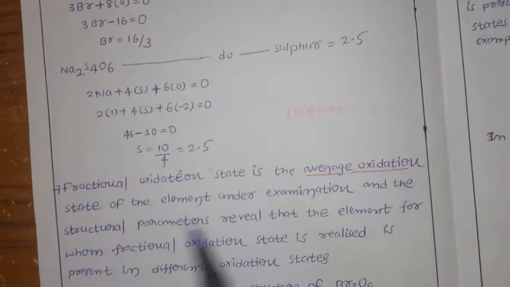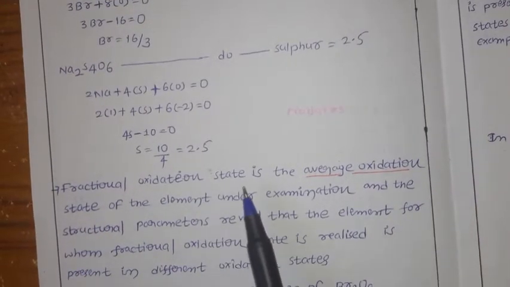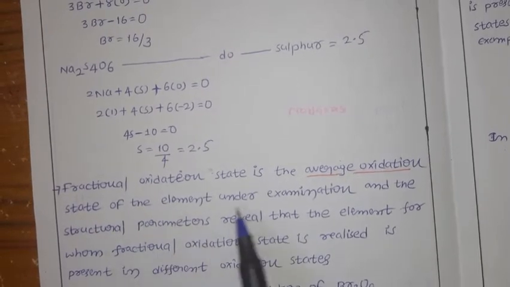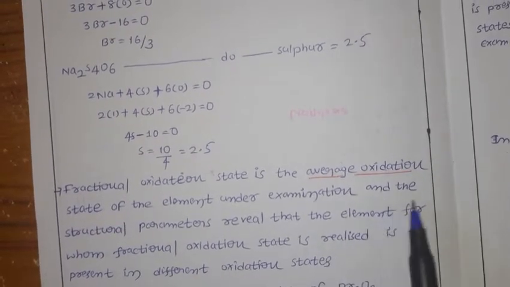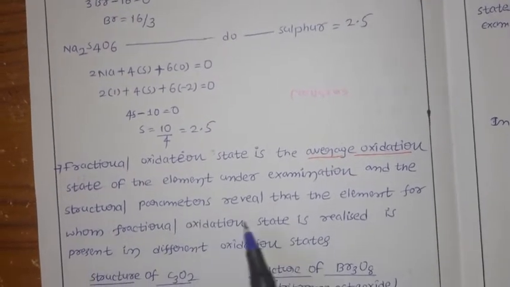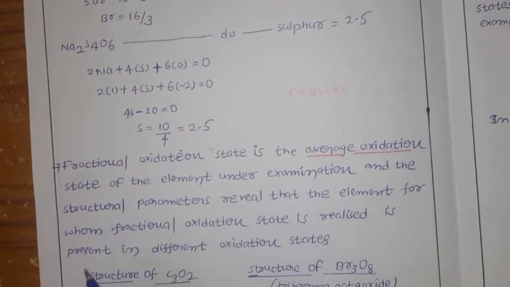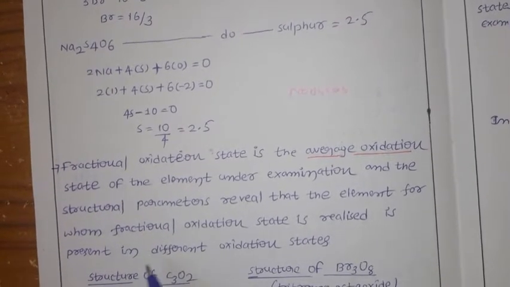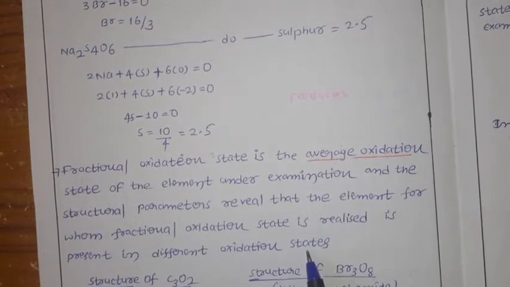Now, fractional oxidation state is the average oxidation state of the element under examination, and the structural parameters reveal that the element for which a fractional oxidation state is realized is present in different oxidation states. What is the meaning of that?